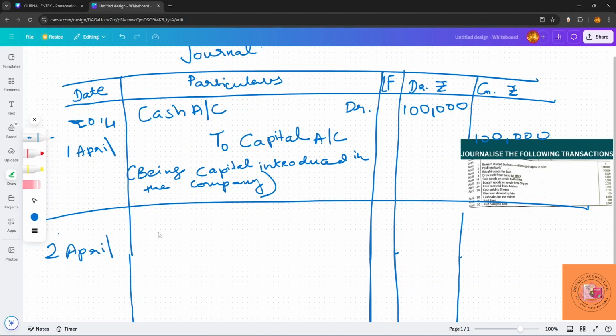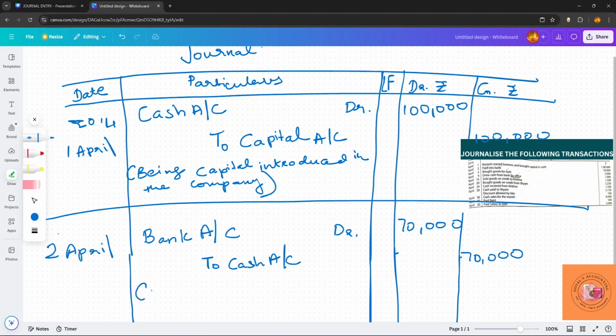So bank will be debited. Bank account debit rupees 70,000 to cash account because cash is going out. So it will be credited, 70,000. Being cash deposited in bank. I hope my handwriting is not too shabby and you can understand.